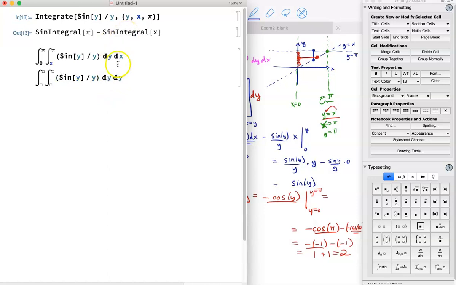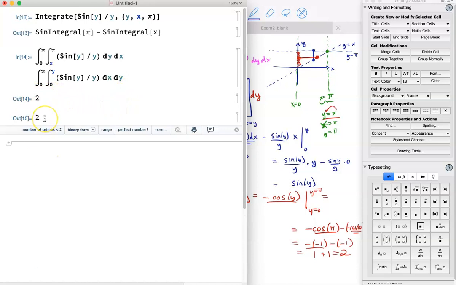And sorry, we're doing dx dy. And x is going on the left from 0 to x is equal to y on the right, and y is going from 0 up to pi. And if you ask the computer to evaluate both of those, you will get both of the answers to come out to be 2.